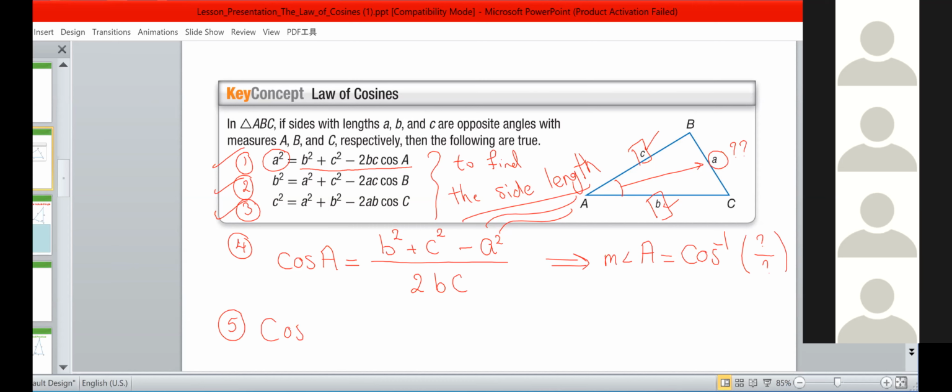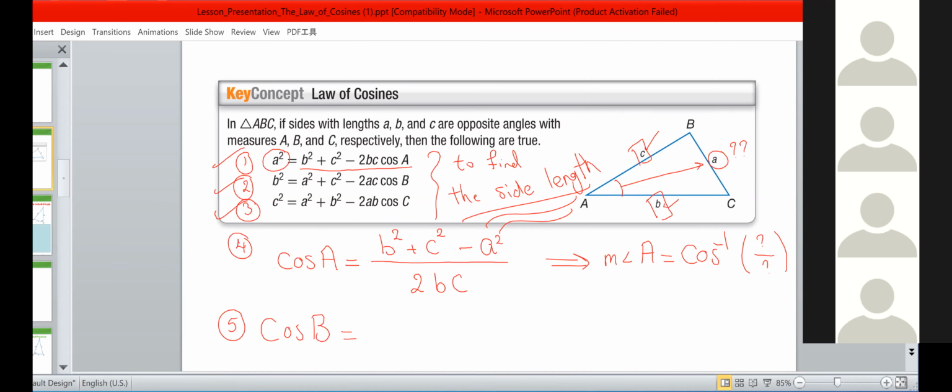I'm going to Ibrahim. Yes. Can you state cosine B by the same way as cosine A?